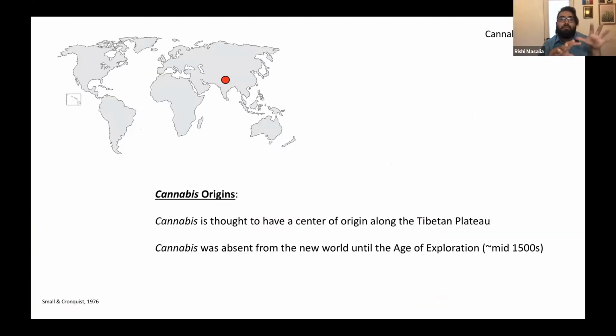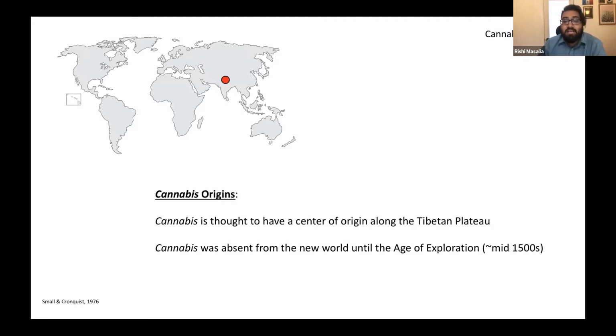Okay, so moving away from some biology basics, I want to talk about some of the history and the origins of cannabis and how messy it's been across the centuries. So, cannabis origins. Cannabis is thought to have a center of origin or domestication along the Tibetan Plateau, specifically near the Hindu Kush region, the border between present-day India and Afghanistan, into Pakistan a little bit.